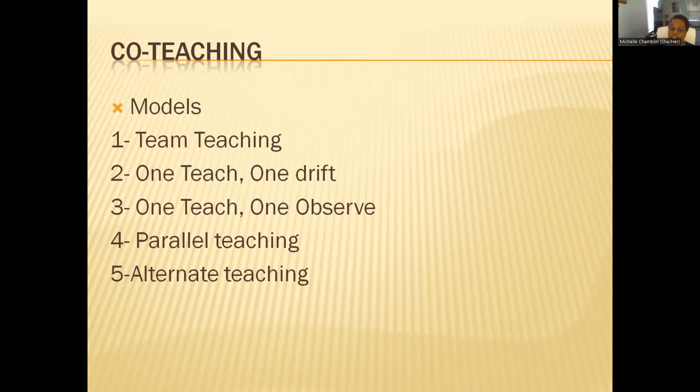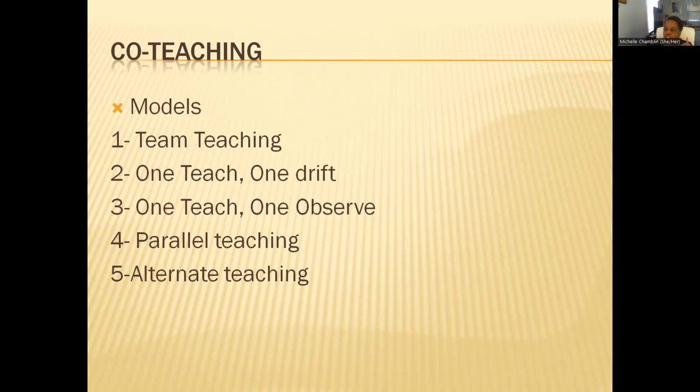Then you have parallel teaching, where you have the general ed students and then the special ed students separated. And you might have the general ed teacher teaching the general ed students, and then the special ed teacher.